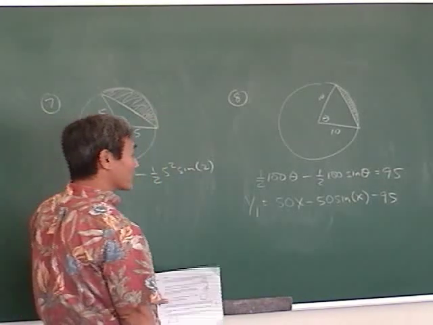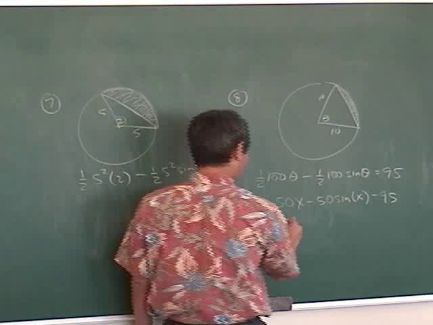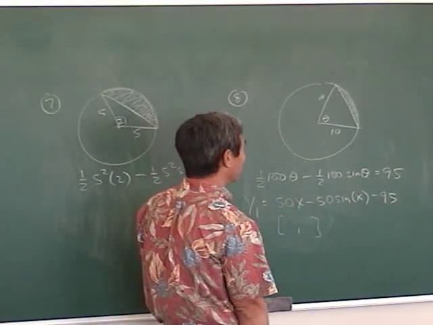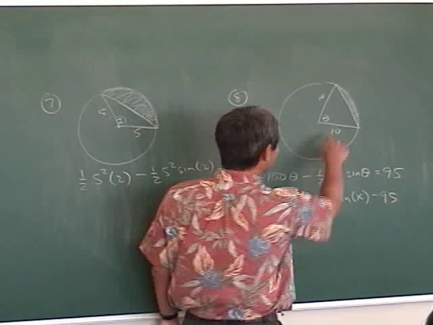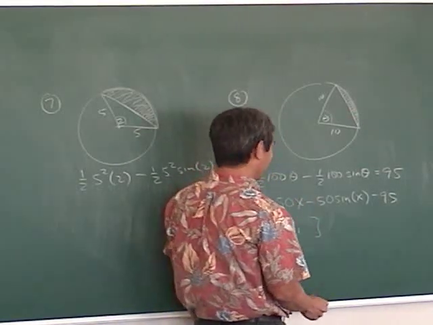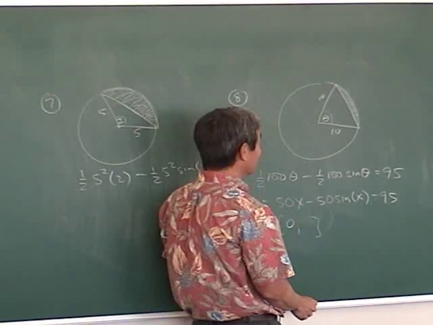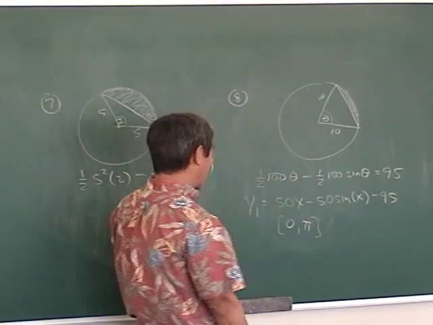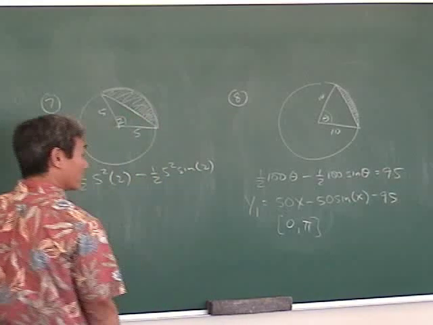Now, what kind of window should I put here? What should x min and x max be? What does x represent? This angle. Can you see that angle has got to be positive? And it has to be less than what? 180 degrees, right? So that's what you should make your window.